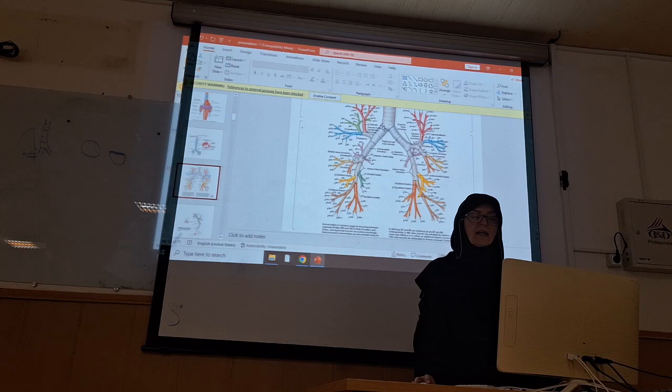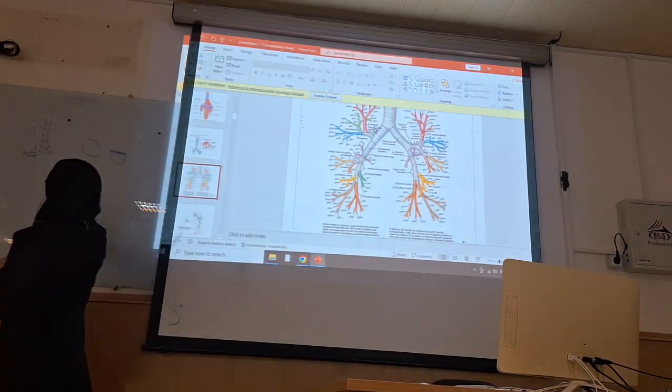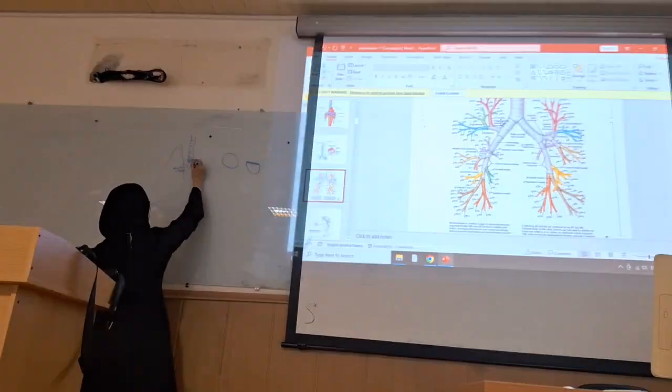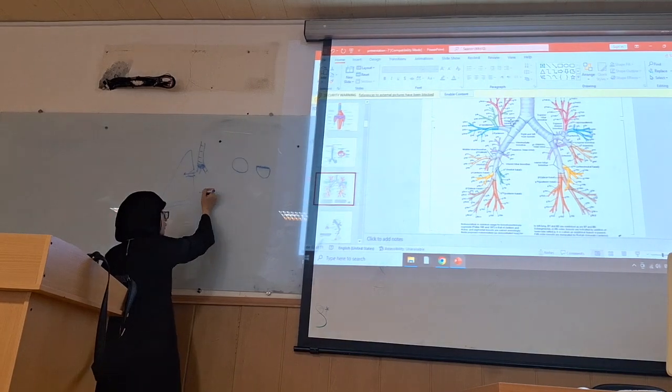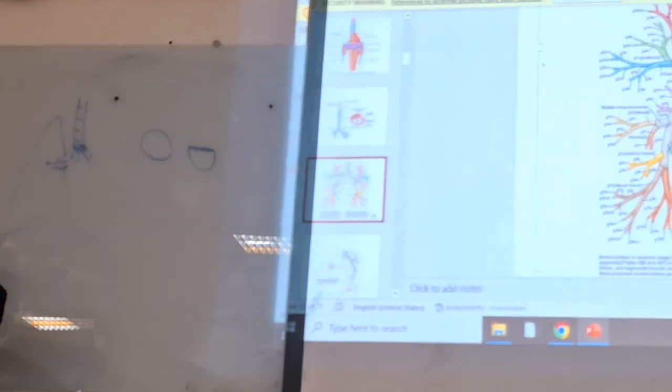You can find a cartilage that has a special name. This cartilage we call the carina of the trachea. It is the last cartilage in the trachea.